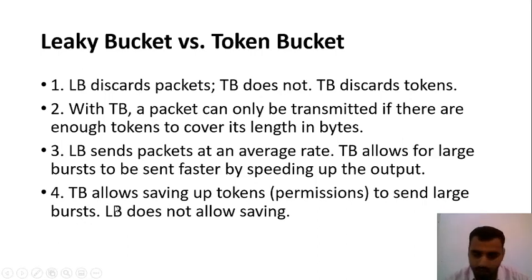Token bucket allows saving up token permissions to send large bursts. Leaky bucket does not allow saving. So this is the major difference between leaky bucket and token bucket algorithms. This can be asked for 2 marks type of questions, differences between leaky bucket and token bucket.